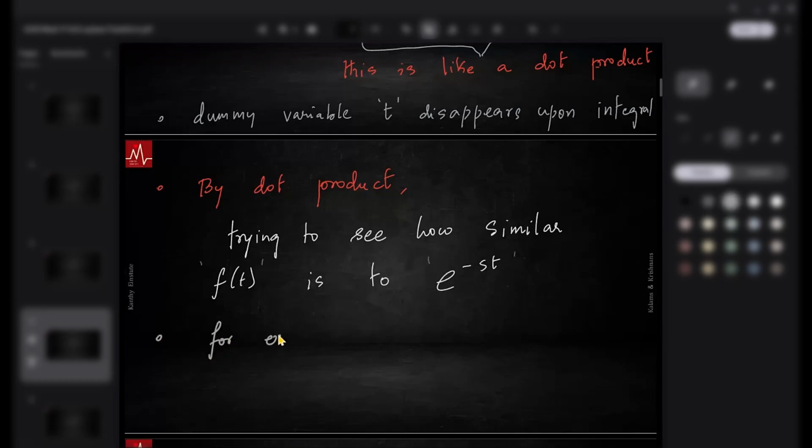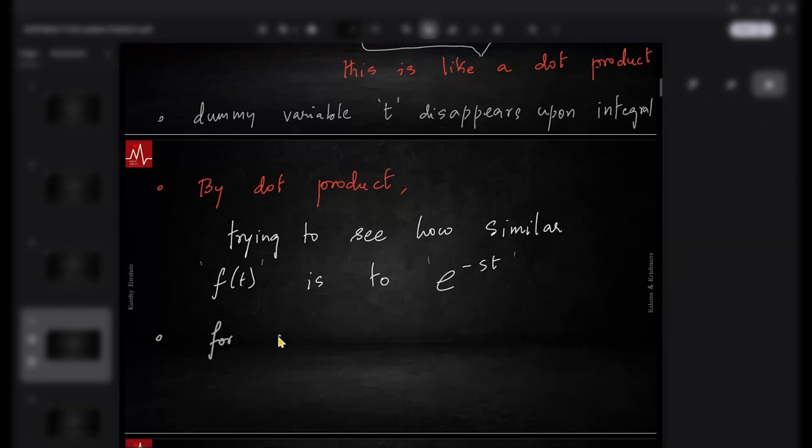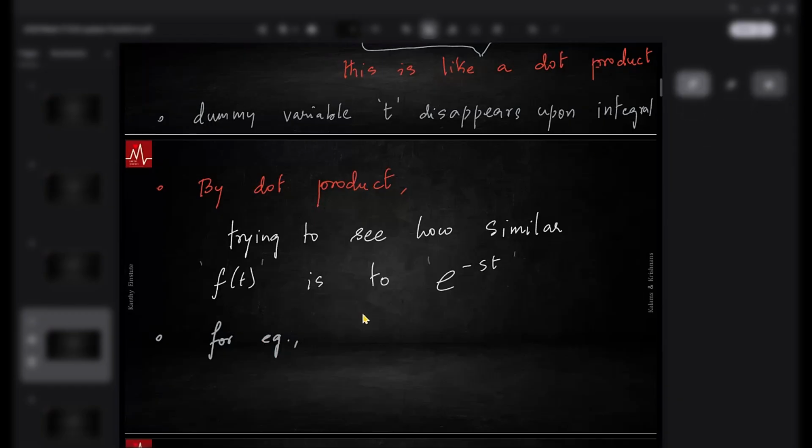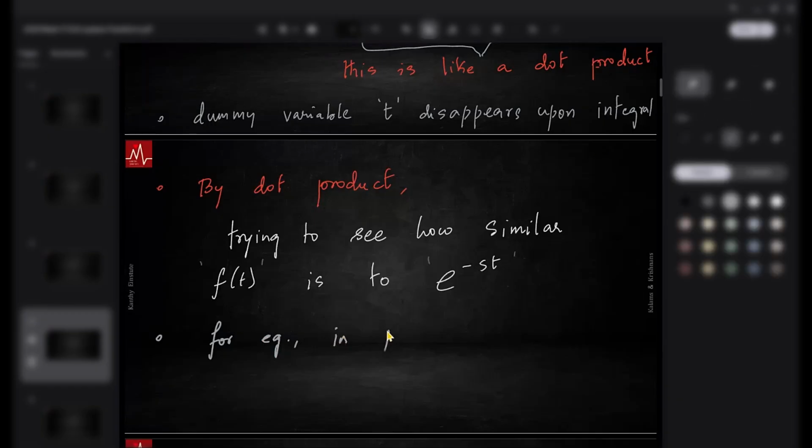For example, in Fourier series, we represent f of t using sinusoids.